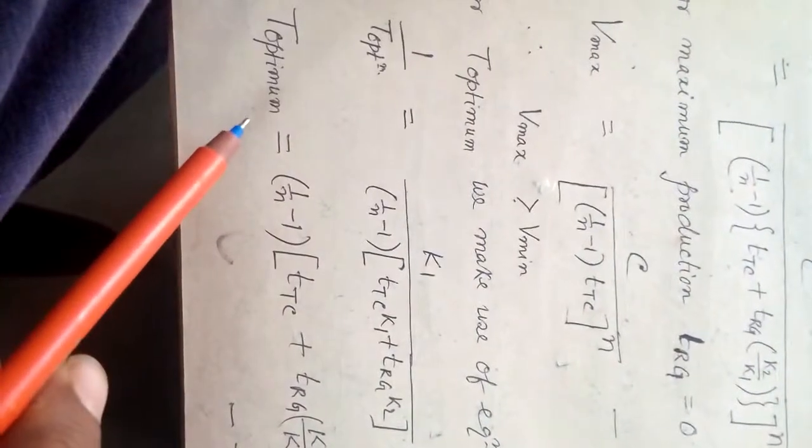So T optimum will be equal to this one. Of course, this is for V minimum, the optimum time. This is equation number 4.